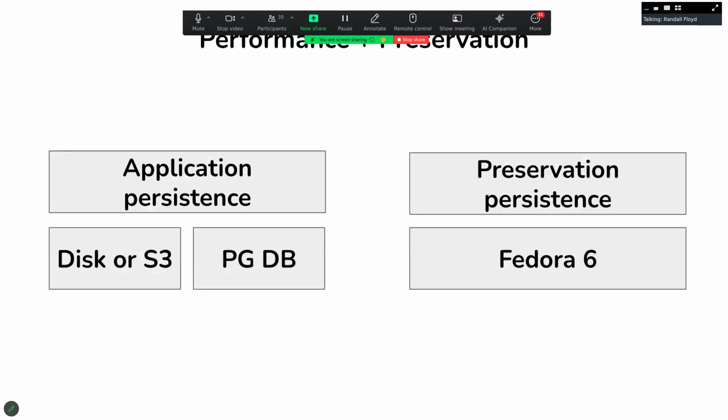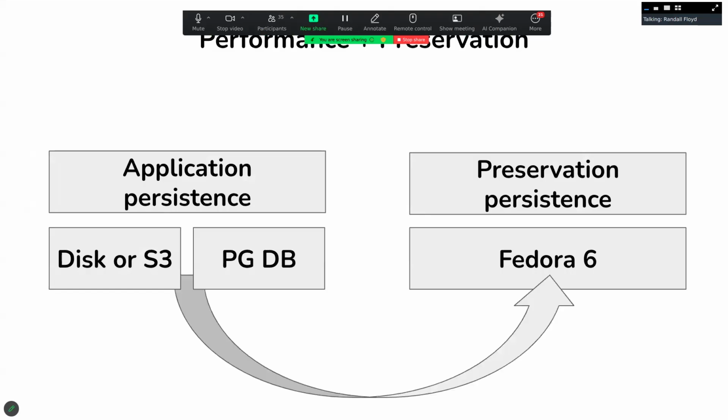Why can't you have something that looks a little bit more like this, where you have application persistence, which is very performant and drives the functionality of the application, but then downstream somewhere you have true preservation persistence, and you have the ability to populate preservation persistence, probably asynchronously so that it's not in the way of the application.